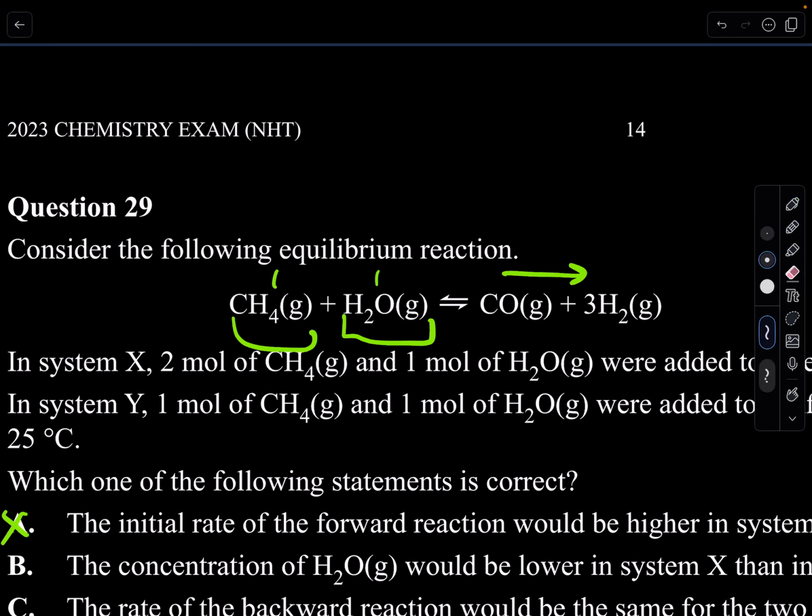But what about if you had 2 moles of CH4 here for system X? You're going to be forming more, with a stronger rate of reaction.